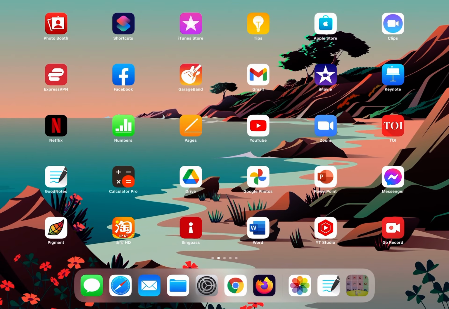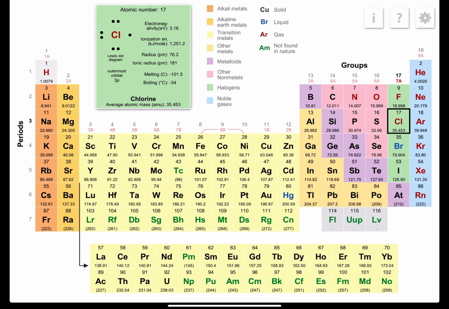Now, if we look at the periodic table, the electronegativity of magnesium is 1.31. And the electronegativity of chlorine is 3.16.